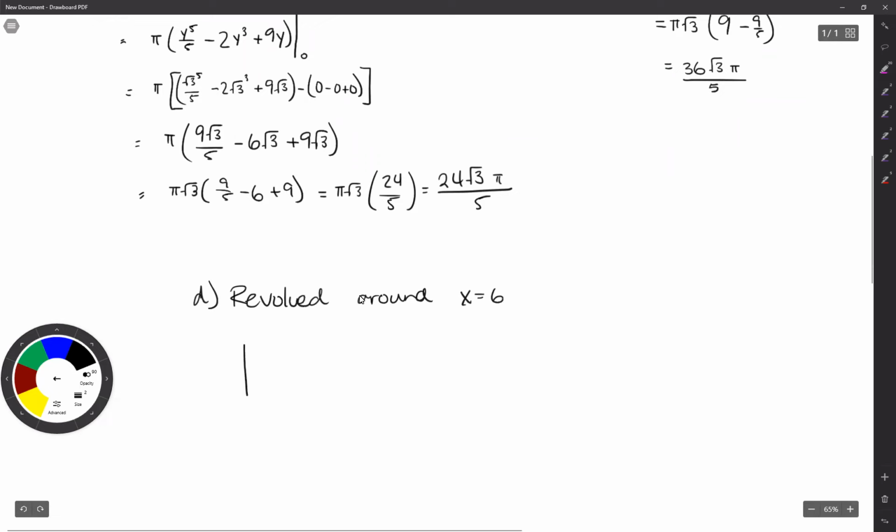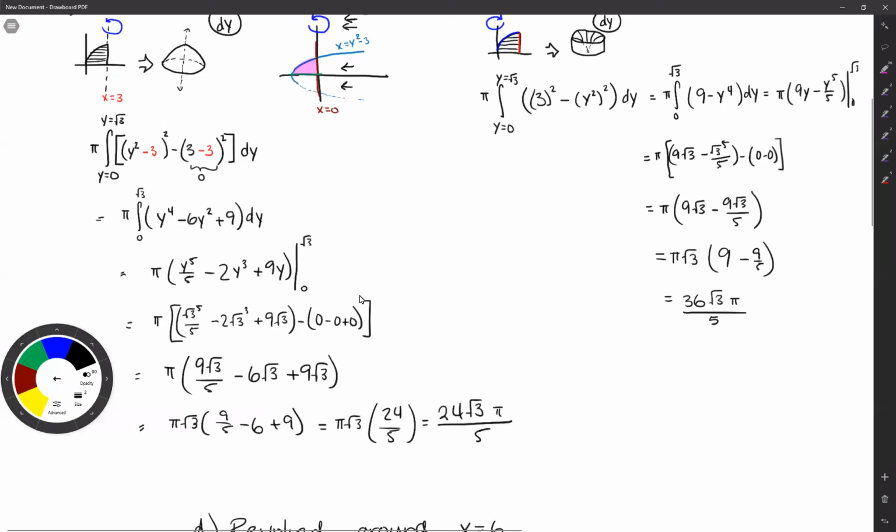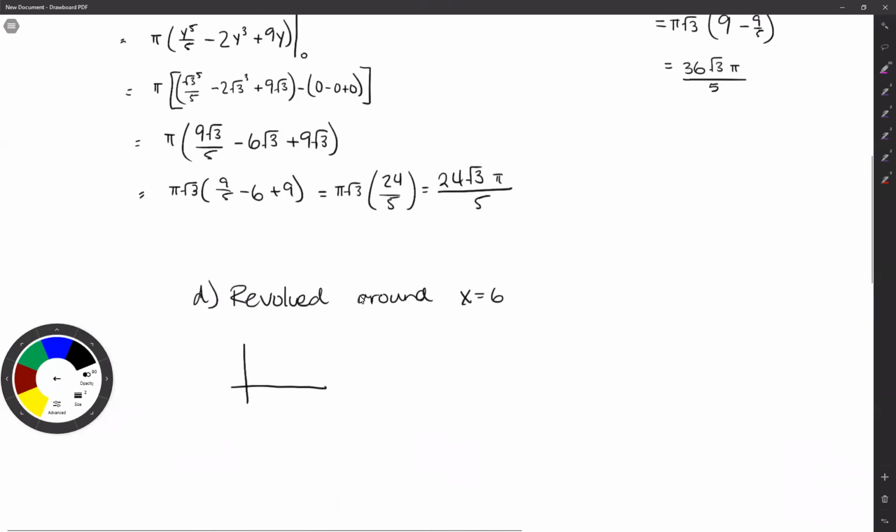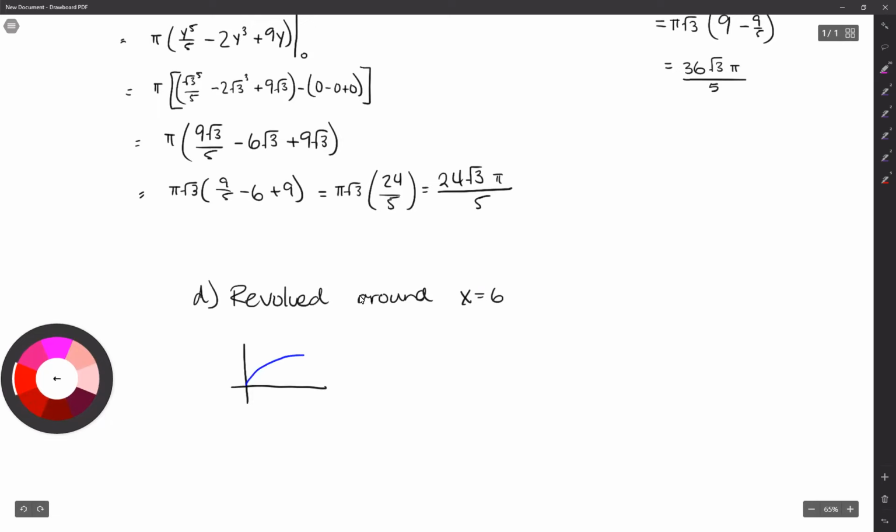Okay, so what that's going to look like is, what colors do we use? Blue and red. Okay. Blue with this. Red with this. And our axis of rotation is going to be approximately over here.